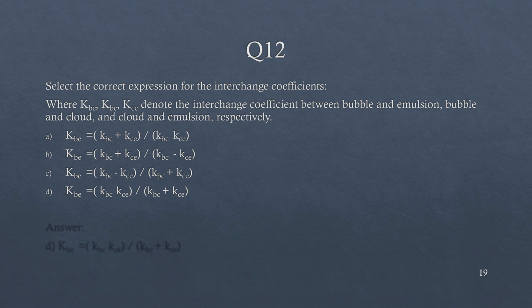So actually the answer is KBE is equal to KBC into KCE by KBC plus KCE. So option D is the right answer.